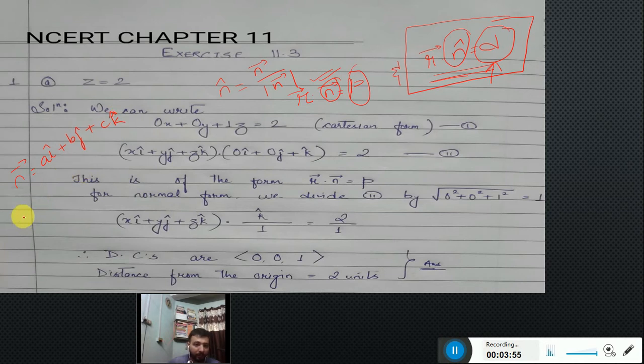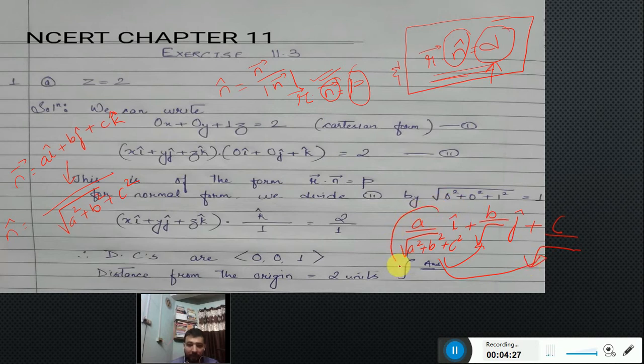So if I want to find n cap, what will I do? I will divide this by square root of a square plus b square plus c square. Or I can write that as a by square root of a square plus b square plus c square i cap, plus b by the same thing j cap, plus c by the square root of the same thing k cap.